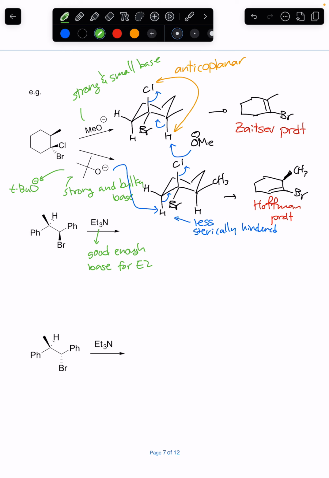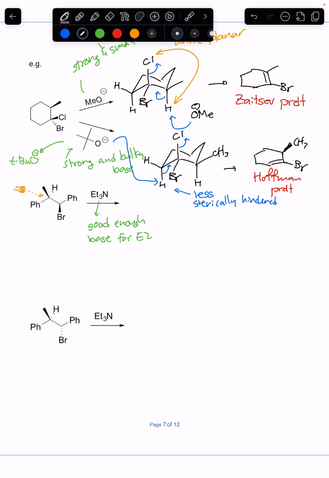The key idea is that, again, the proton on the leaving group has to be anti-coplanar. For a linear molecule like this, I think the easiest thing to do is to think about the Newman projection if I look down on that bond, the way it's drawn, hope it makes sense to you.